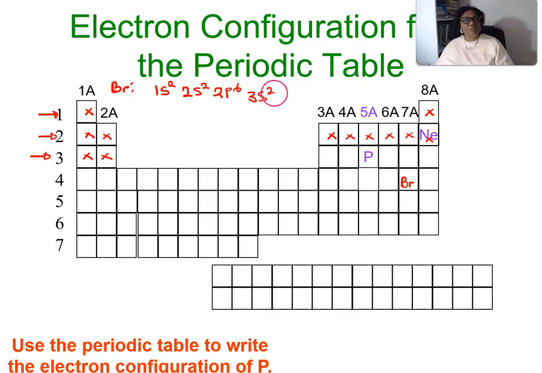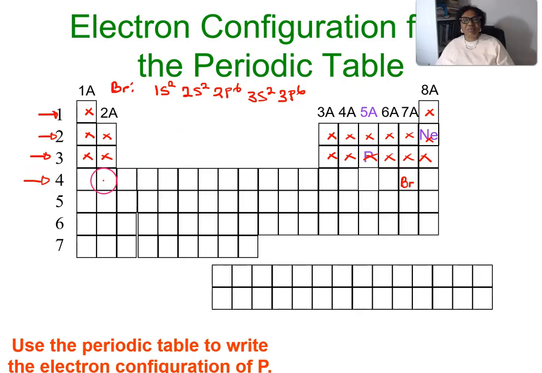We put the 2. Then we are not done. We go to 3p because there's no d here. Now we want to count. 1, 2, 3, 4, 5, 6. 6 electrons.